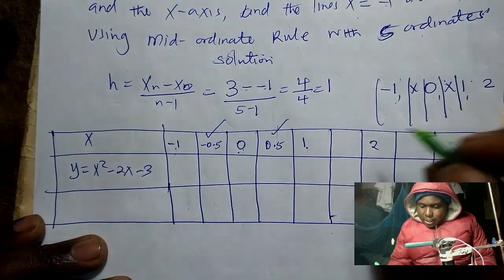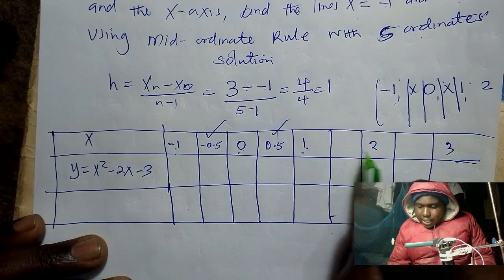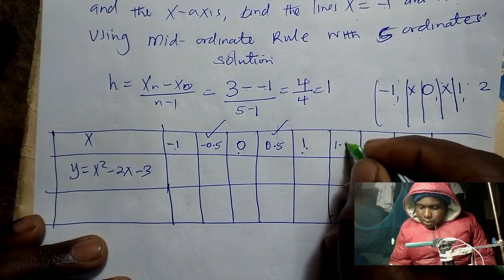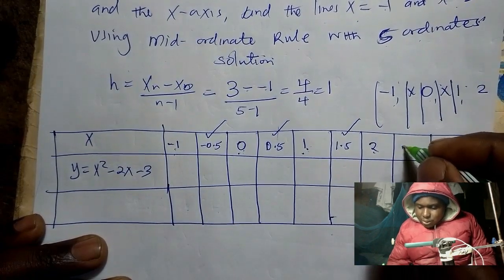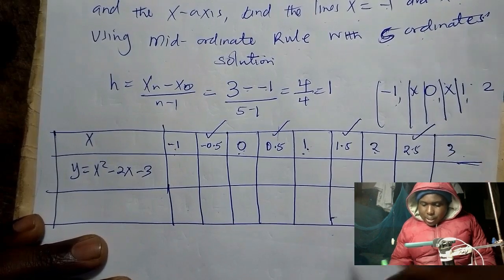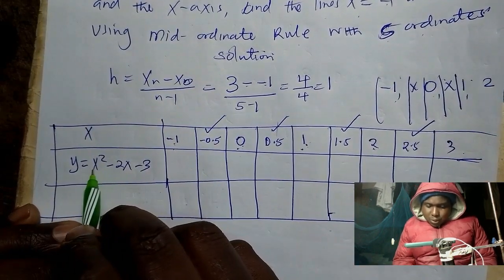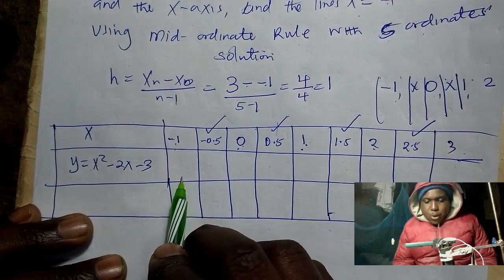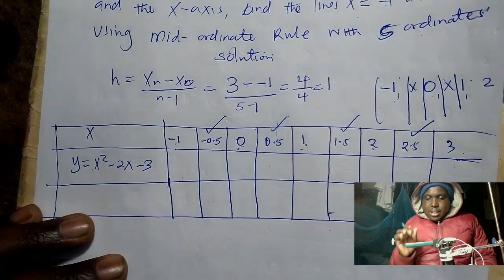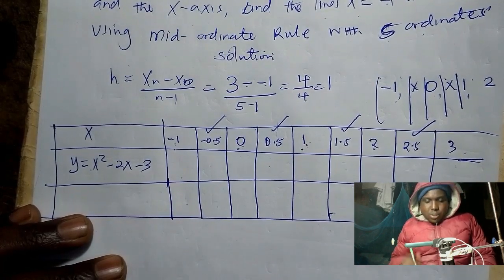The mid between 1 and 2 is 1.5. The mid between 2 and 3 is 2.5. So I'm going to find the values of y in the mid ordinates and not in the ordinates. Right? Not in the ordinates, but in the mid ordinates.